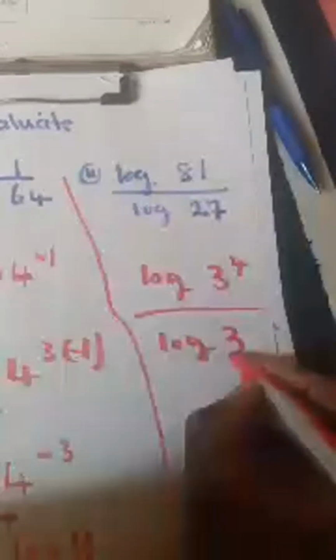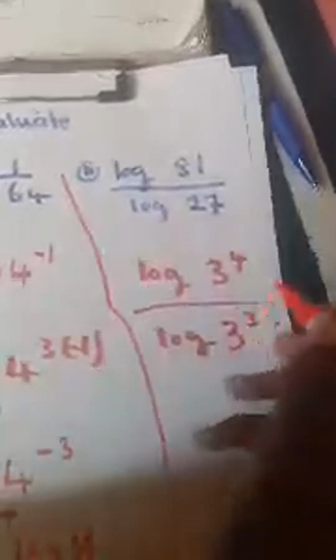So let's try this one. Evaluate log 81 over log 27. So log 81 is the same as 3 raised to the power of 4 over log 27 is the same as 3 raised to the power of 3.